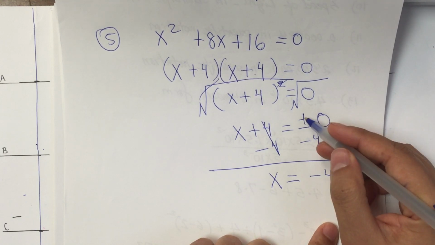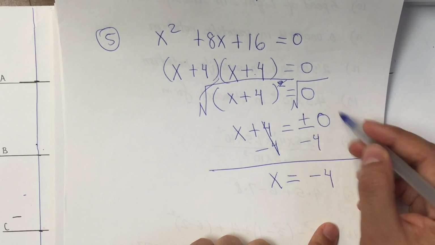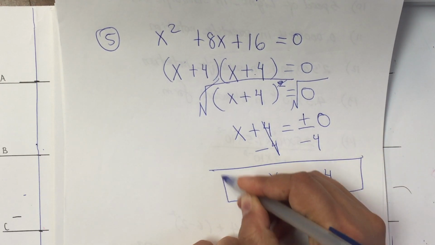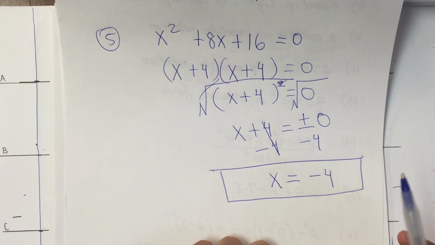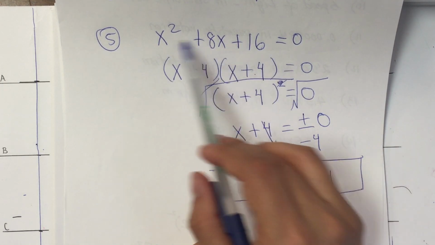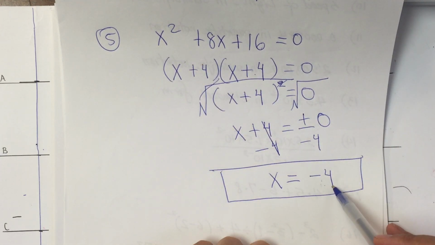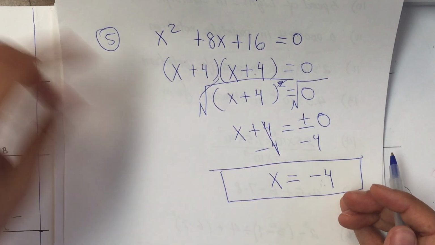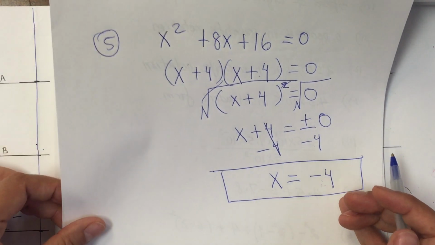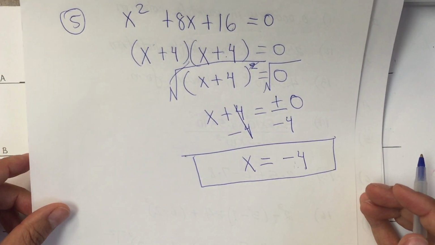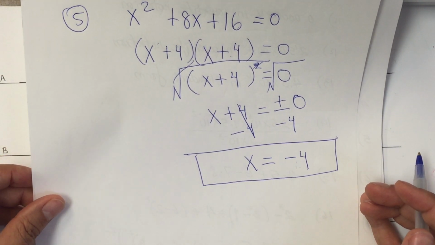It affects only when we are adding or subtracting a different number that is not 0. Okay, only one answer. My parabola for this equation will cross only in one place, the x-axis. Okay.